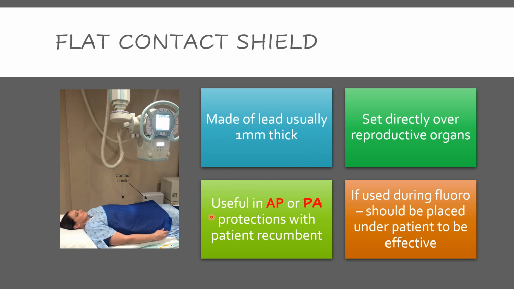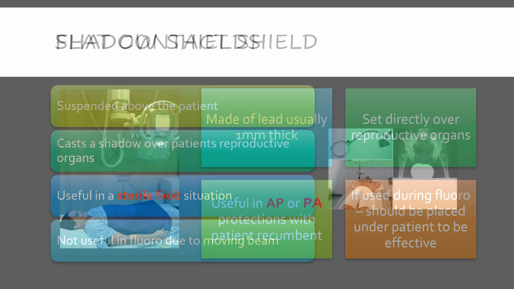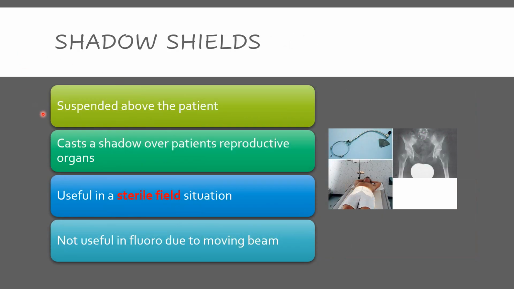Useful in AP or PA projections with the patient recumbent. If used during fluoro, they should be placed under the patient to be effective. Shadow shields are suspended above the patient and cast a shadow over the patient's reproductive organs. Useful in a sterile field situation, not useful in fluoro due to the moving beam.